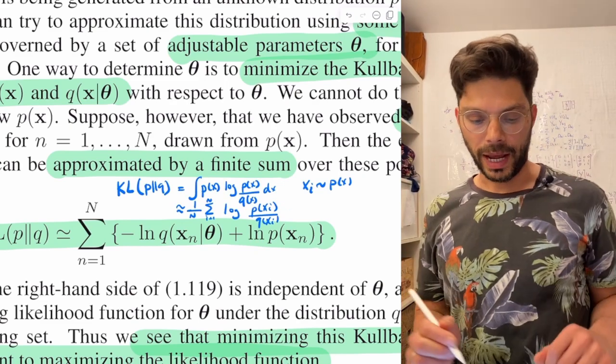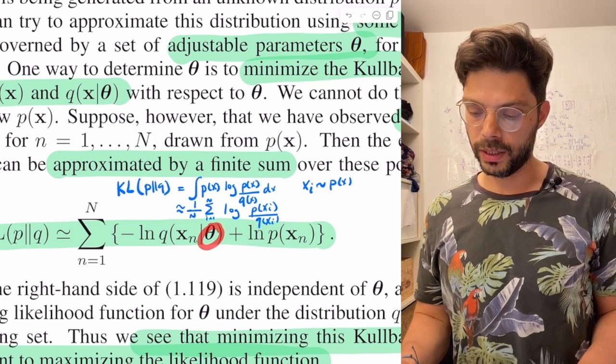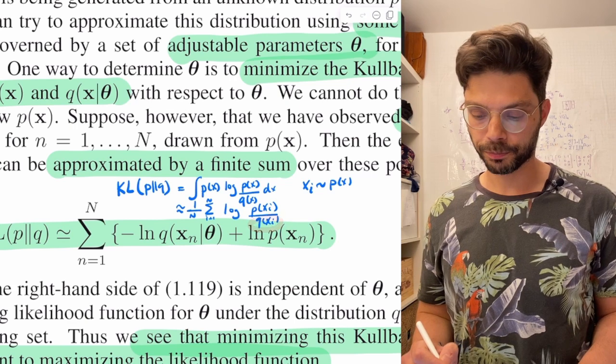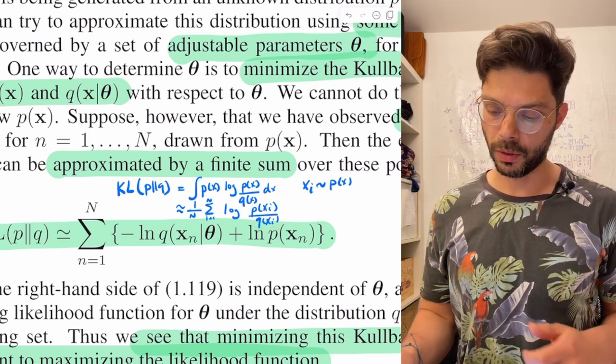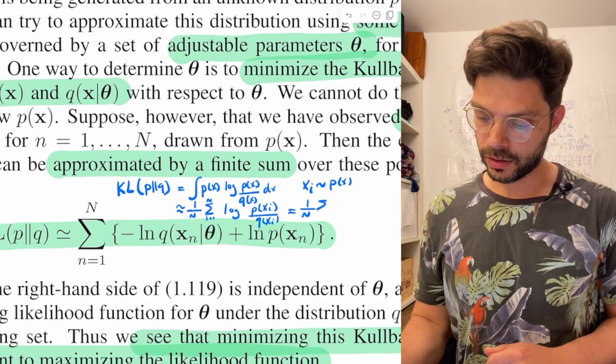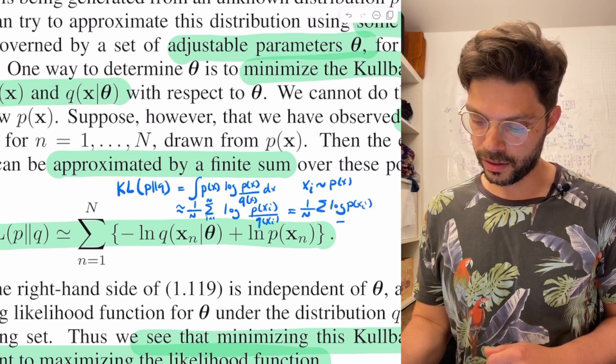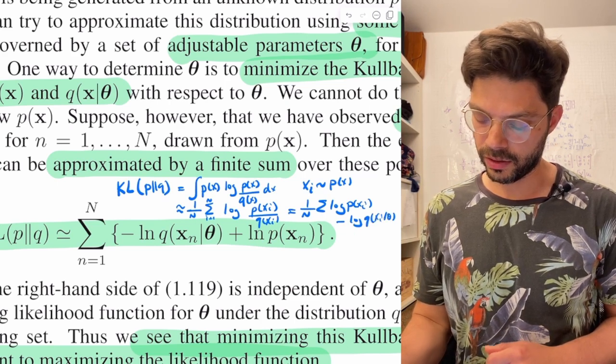What happens there? The important point is that theta only shows up in the Q term. So we can write this as 1 over n, the sum of log P of xn minus log Q of xn given theta.